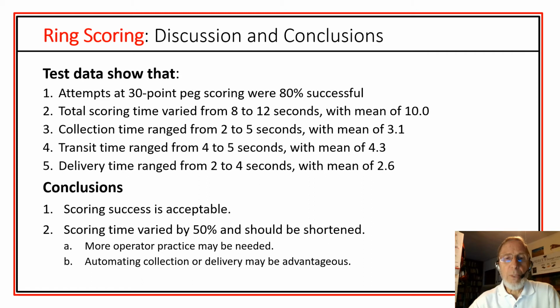So it tells us that perhaps we need more operator practice to trim down that variability, but also it may suggest that if we could automate part of this where there's the greatest variation, that could be of great advantage to us. So from this test then we can see how well we met our requirements, but also learn the kinds of things that might lead us to some additional improvements over time.